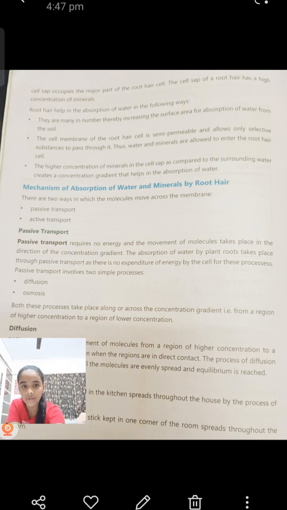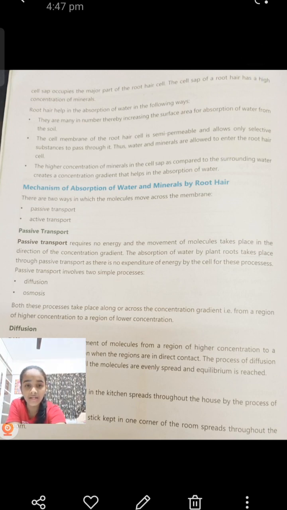First, there are many in number, thereby increasing the surface area for absorption of water from the soil. Second point, the cell membrane of the root hair cell is semi-permeable and allows only selective substances to pass through it.